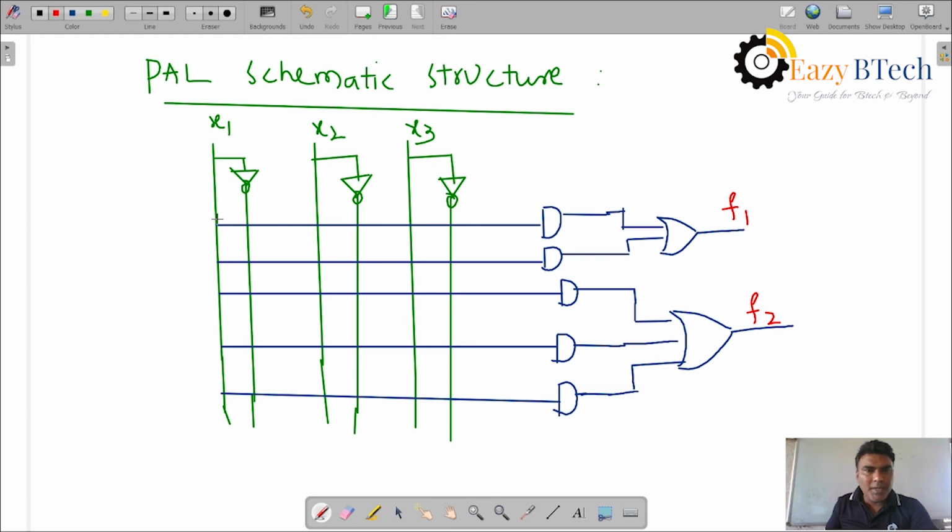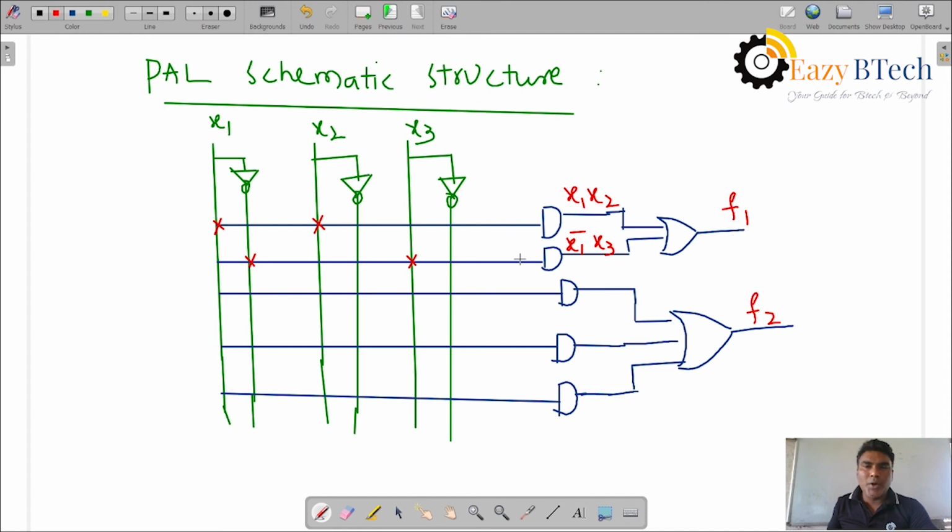For function f1, the first product term is x1 and x2. The second product term is x1 complement and x3.